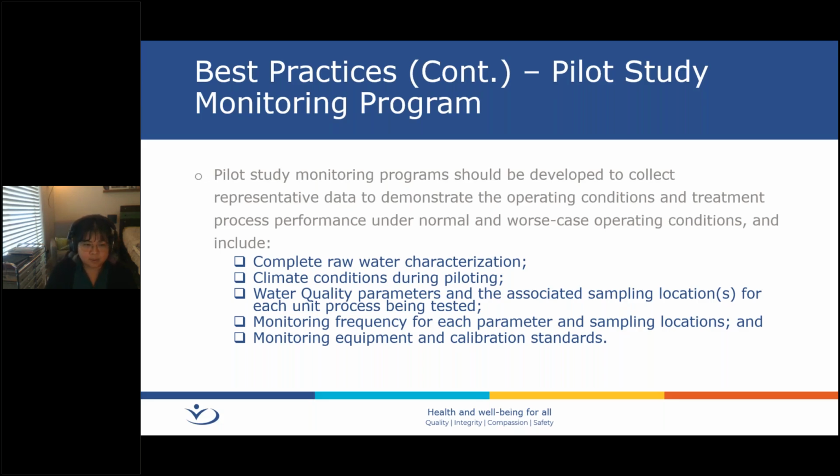And often these would include a complete raw water characterization, climate conditions during piloting, water quality parameters, and the associated sampling locations for each unit process being tested, the monitoring frequency for each parameter and the sampling location, as well as the monitoring equipment and calibration standards.